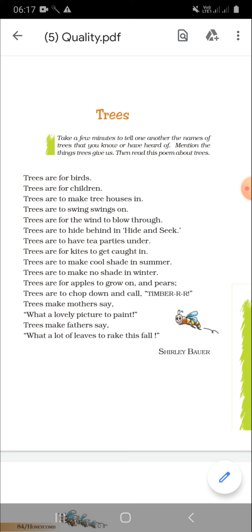You can start a discussion in your house even. Just have the idea of all that trees do for us while reading this video.